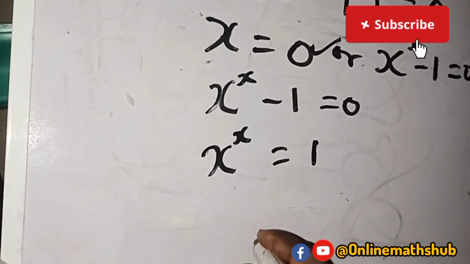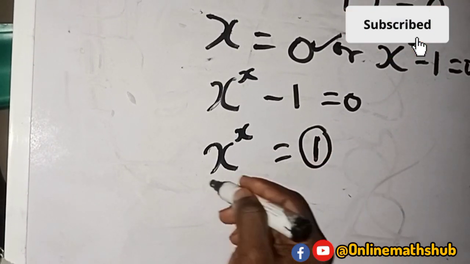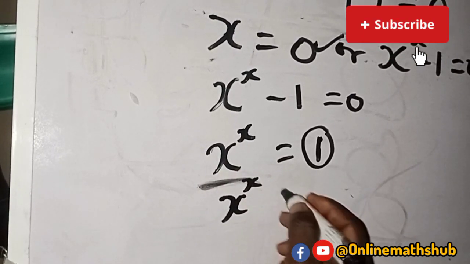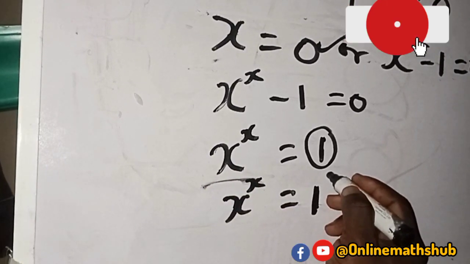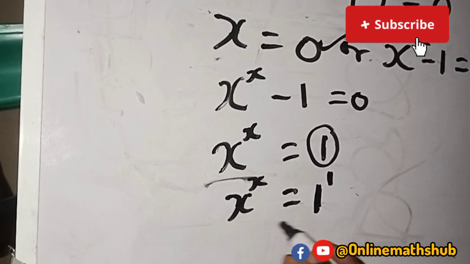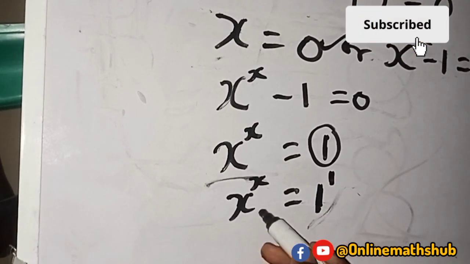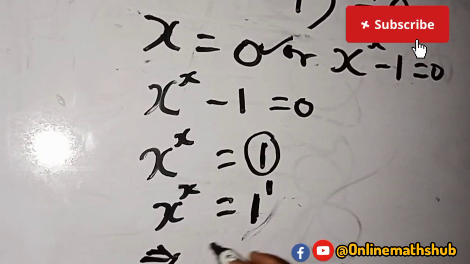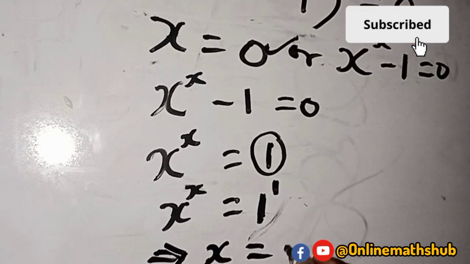So we just find a way to write this in the form of this, and we can write this 1 here as 1 raised to power 1. You can see that 1 raised to power 1 is also 1, and clearly we can equate them, and this implies that our x is equal to 1.